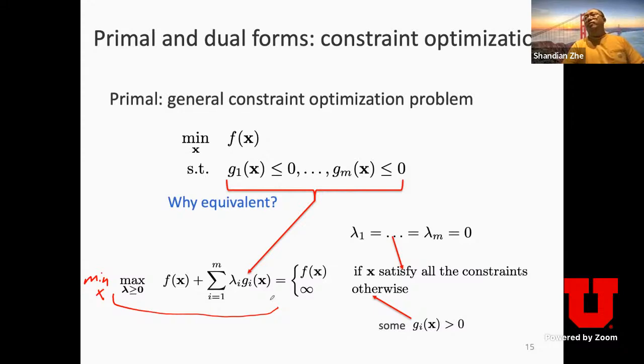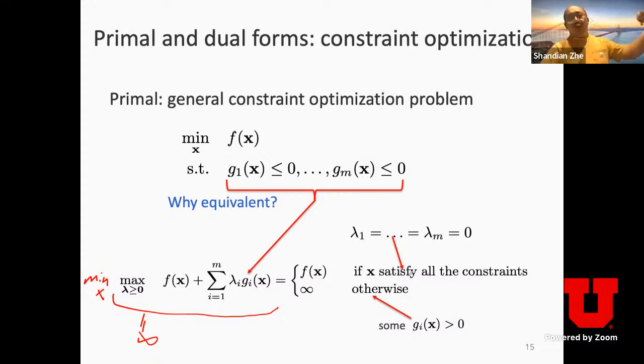Otherwise, if x violates any constraint, the inner level will give you infinity. Of course, infinity is bigger than anything. So the minimum is only obtained when you search over those x which satisfy all the constraints.